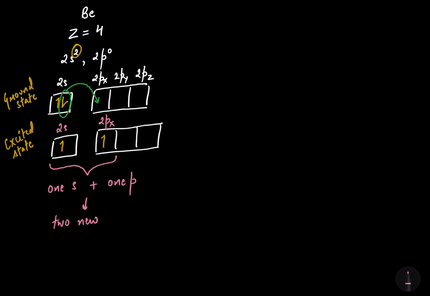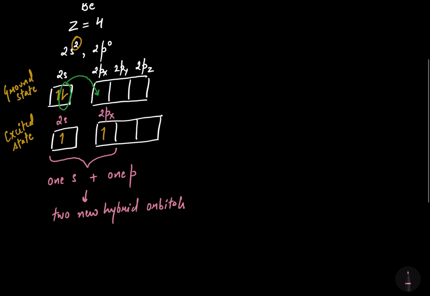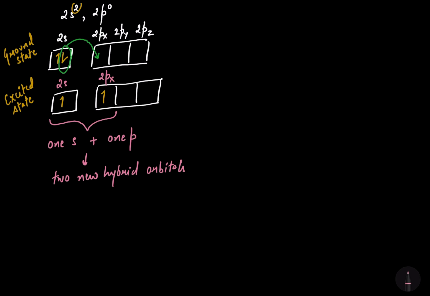I have told you earlier also that the number of hybrid orbitals formed will be equal to the number of atomic orbitals mixing with each other. Here one s and one p, that means two orbitals are mixing, so two new hybrid orbitals will be formed. Now the two new hybrid orbitals will be degenerate, that is, the two orbitals will have equal energies.